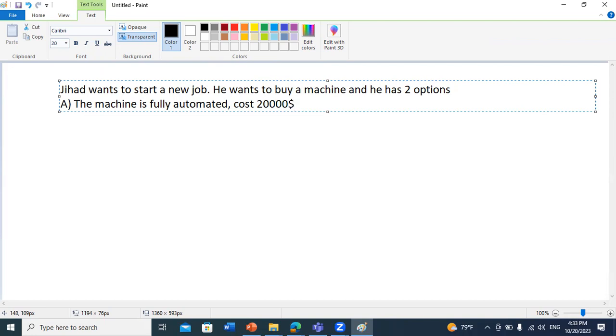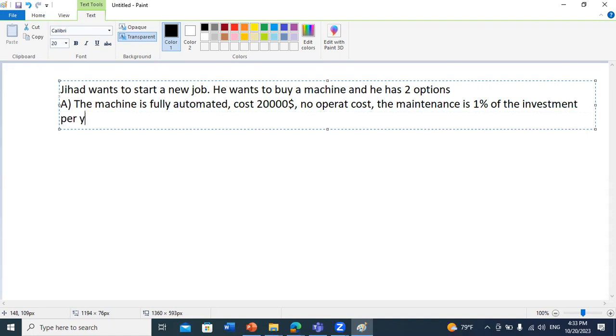It doesn't require any operational cost, and maintenance is free. So no operational cost, and the maintenance is 1% of the investment per year.